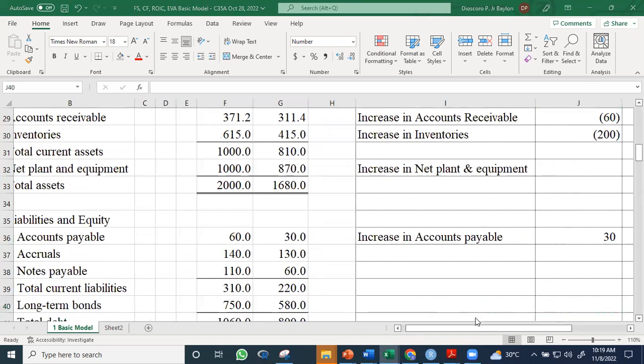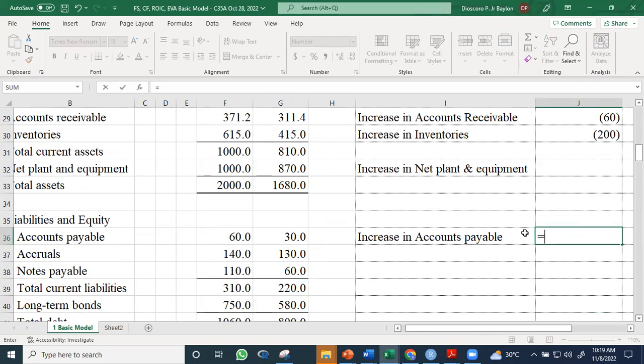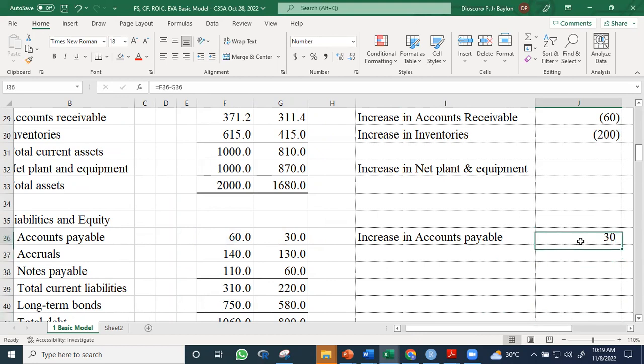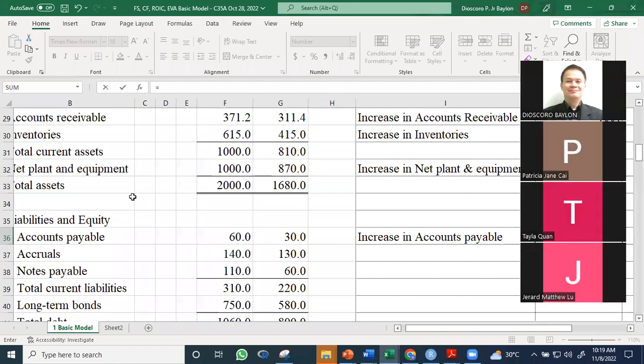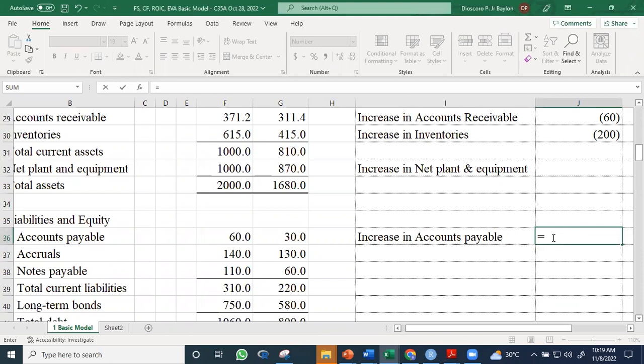This should be negative, no? What should I subtract, class? -30 minus 60. Okay. So 30 minus 60.